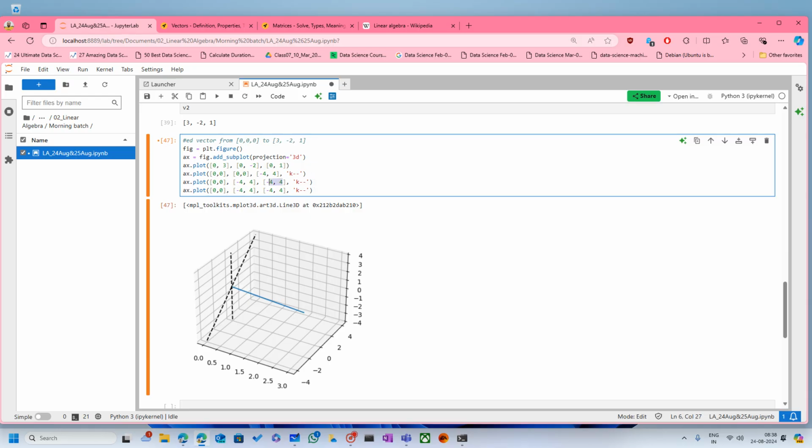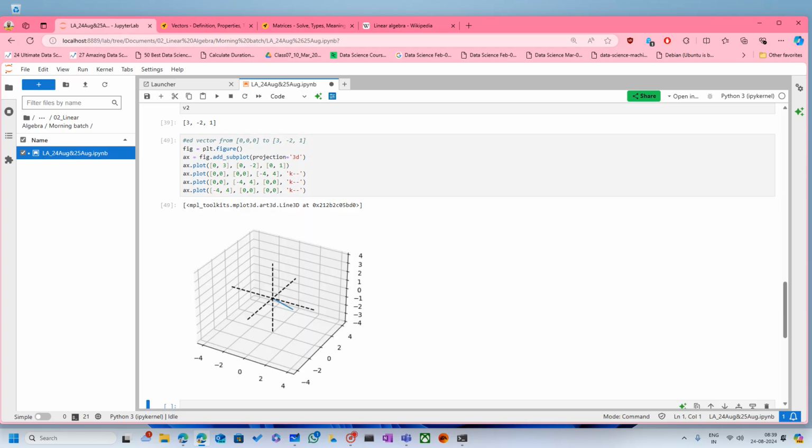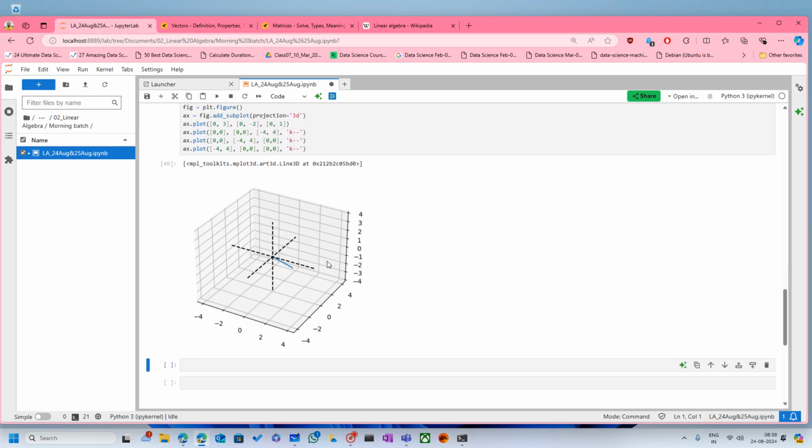Sorry, this also has to be 0 comma 0. So this has to be this point, and this has to be 0 comma 0. Basically I'm just trying to define the starting point and ending point for all the three axes. Now you can see you have a three coordinate system.